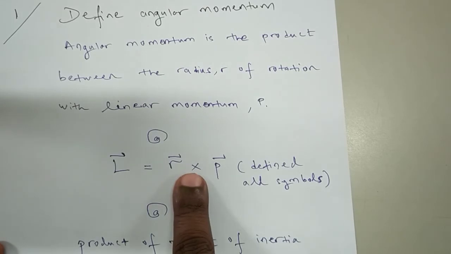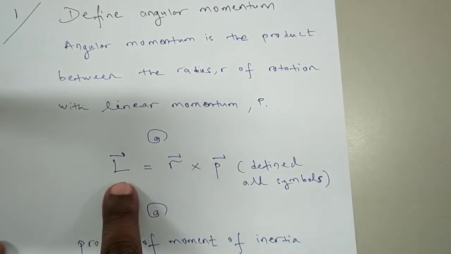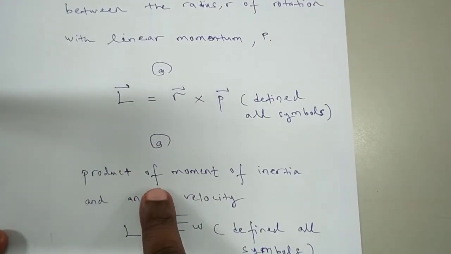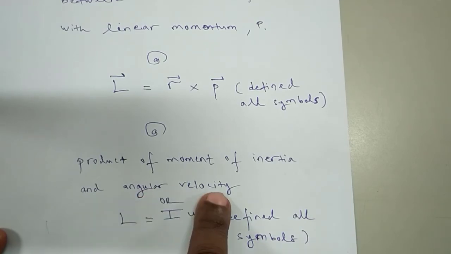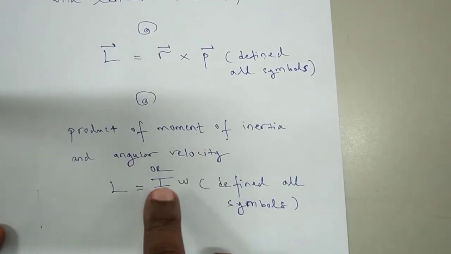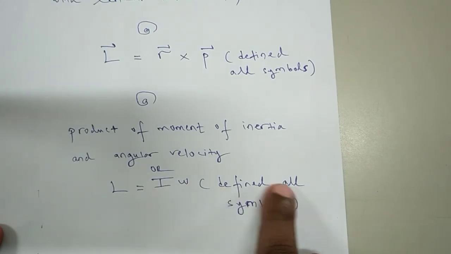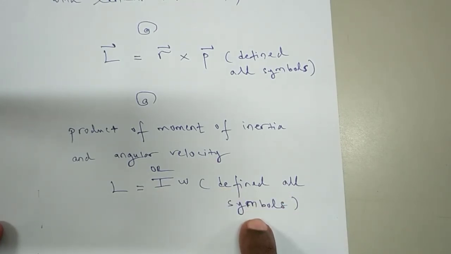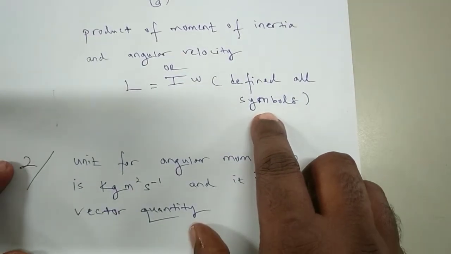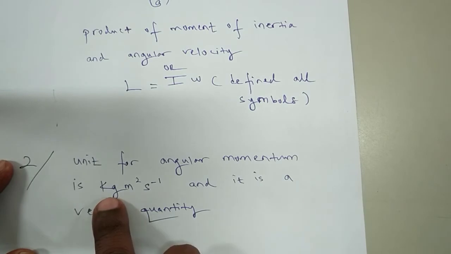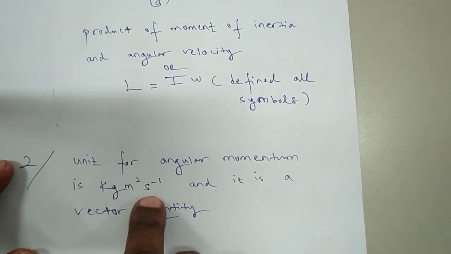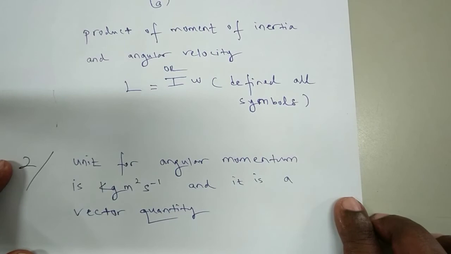The cross product shows that angular momentum is a vector quantity, or it is the product of moment of inertia and angular velocity, or you can define it by using this formula where you have to define all symbols. The unit for angular momentum is kilogram meter squared per second, and it is a vector quantity.